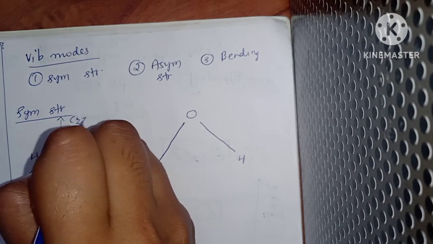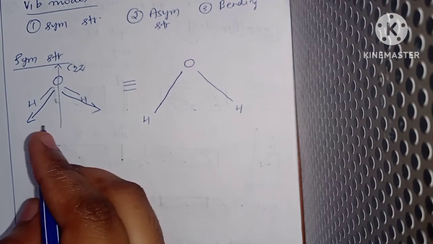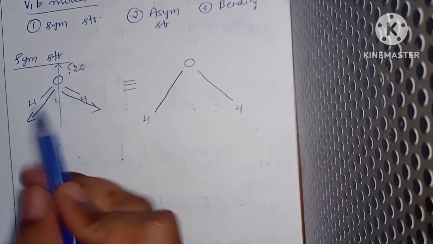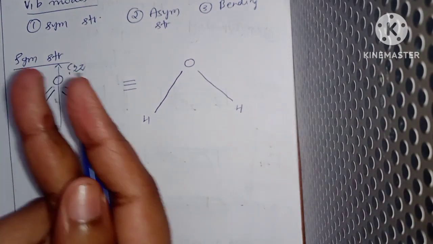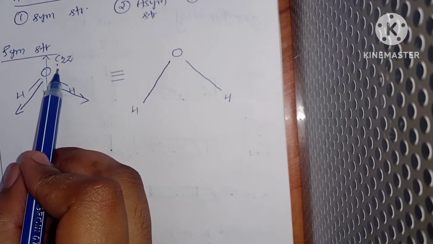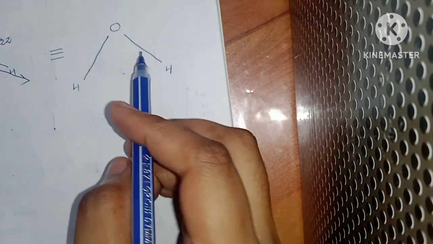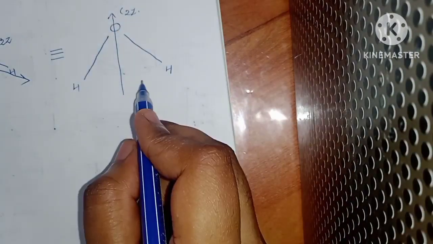This is C2Z. We can see this in group theory. So before vibration C2Z is present, because if we rotate by C2, that means 180 degrees about the Z axis, we get the same orientation. That's why we say C2Z is present.